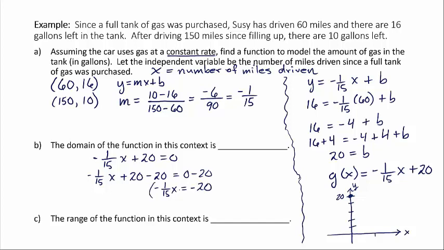Then I need to multiply both sides by negative 15. All right, so we're left with x on the left-hand side, and on the right, what's 20 times 15? Well, 2 times 15 is 30, right? So I'm going to have 300.